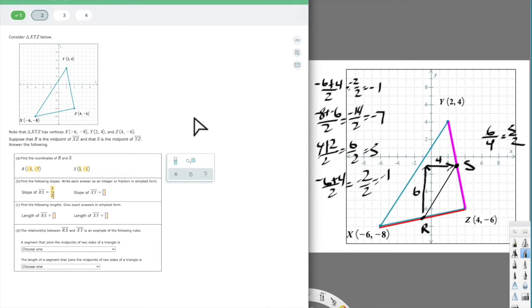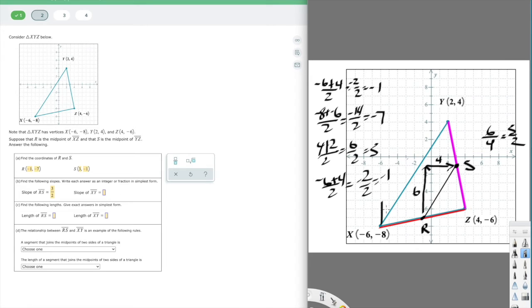and now I'm going to do the same thing for XY. So this line that I didn't find anything on, but I didn't need the slope. This is the one that's going to be parallel to. So same thing, how far up do I need to go? How far over? So for this one, I know I'm down here at negative 8, so I have to go up 8, and then I have to go an additional 4 more.